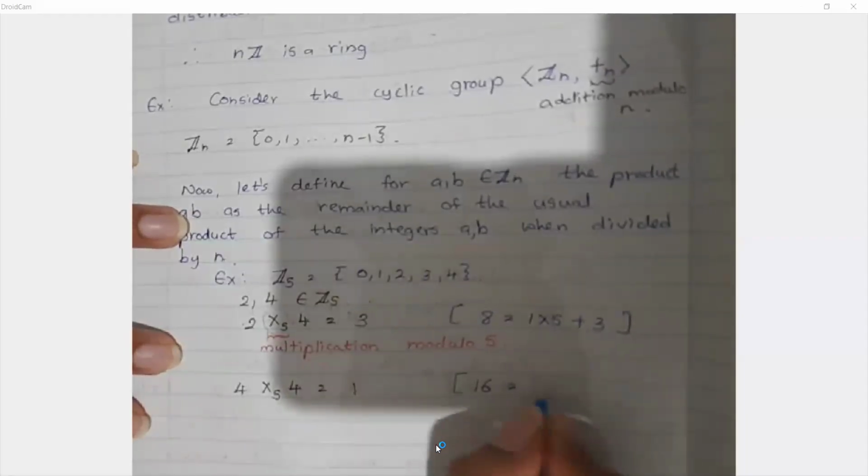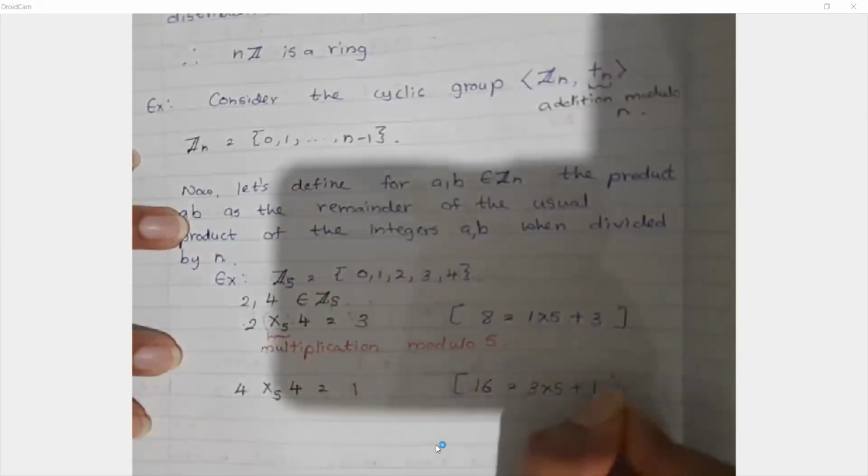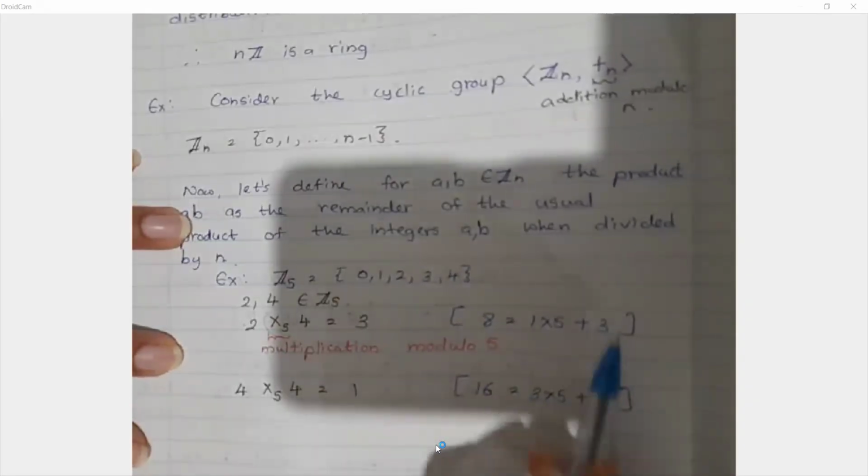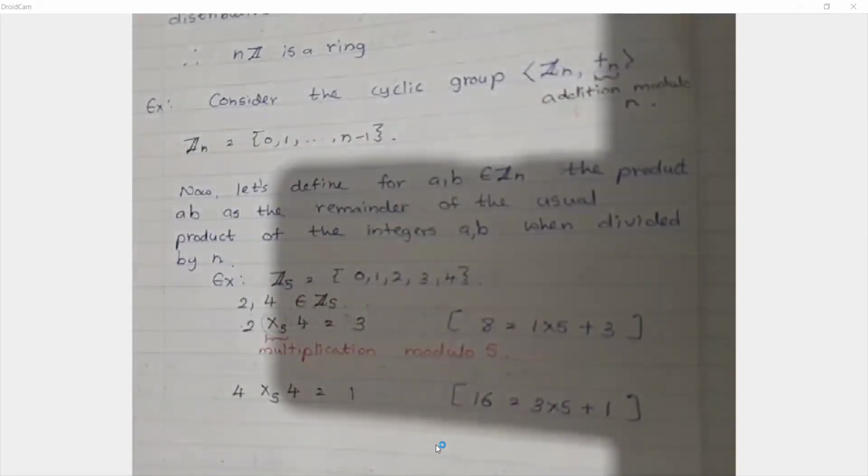Divide 16 by 5, you have three 5s in there and 1 as the remainder. Now observe, in each case by the division algorithm, the remainder will either be 0 or an integer between 0 and the divisor.